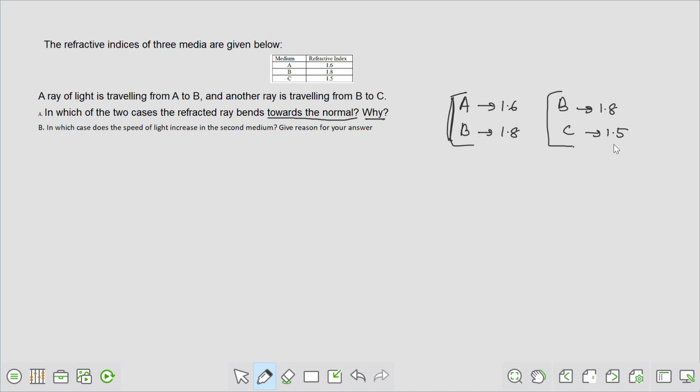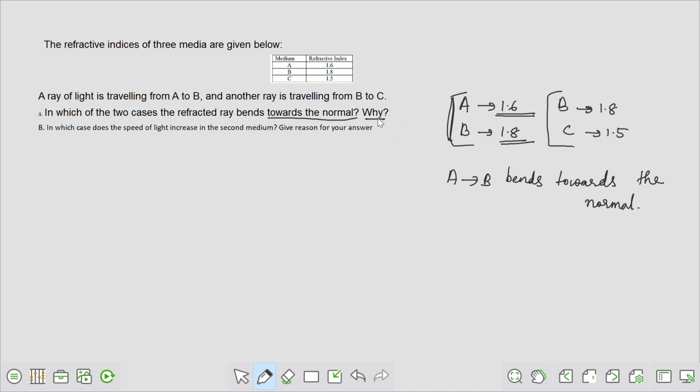So in which case do you think the light ray will bend towards the normal? So what do you think? Absolutely. From A to B, the light ray will bend towards the normal. Why does it bend towards the normal? Very good, because light is passing from optically rarer to optically denser.